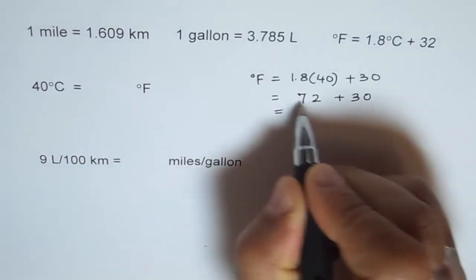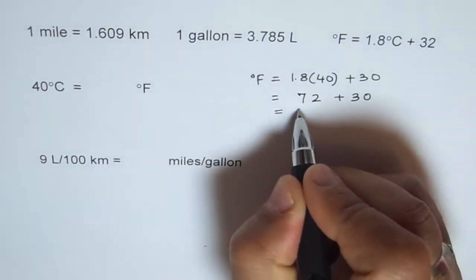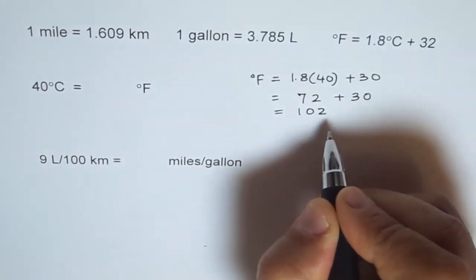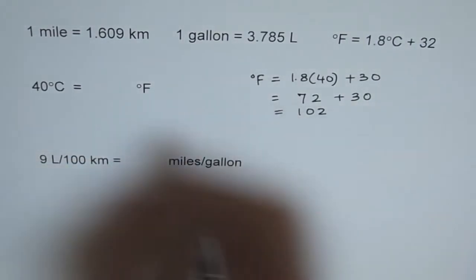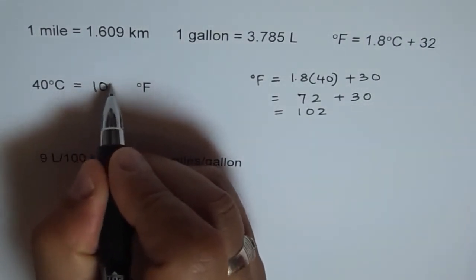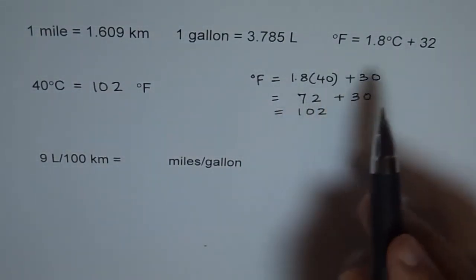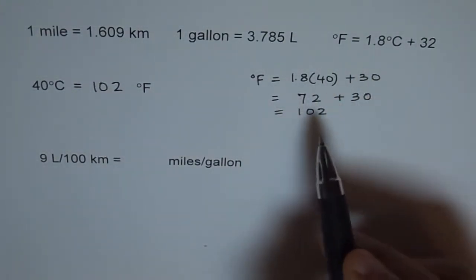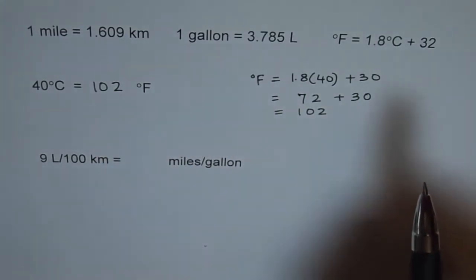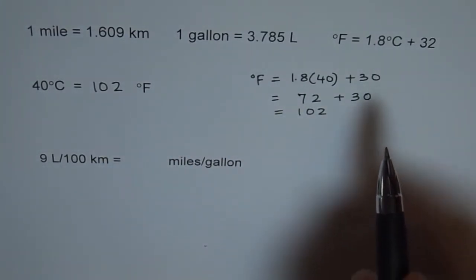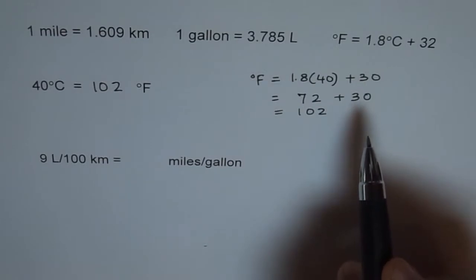And so we have 30 plus 72 is 102, correct? So here we get 102 degrees Fahrenheit. So that's how, given a formula, you can actually do the transformation of one variable into another, correct?